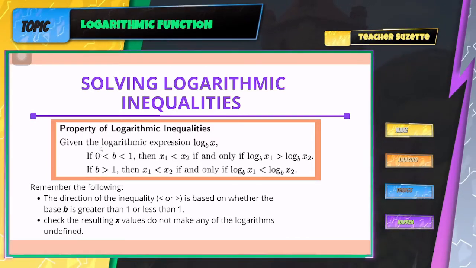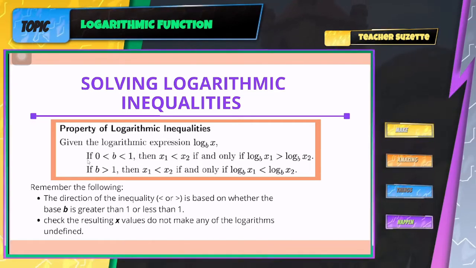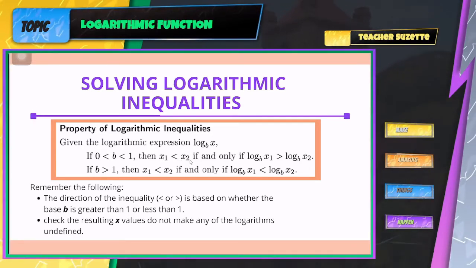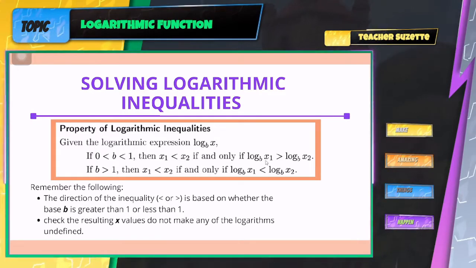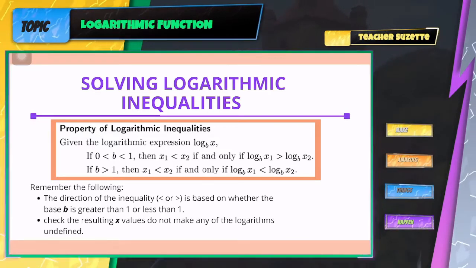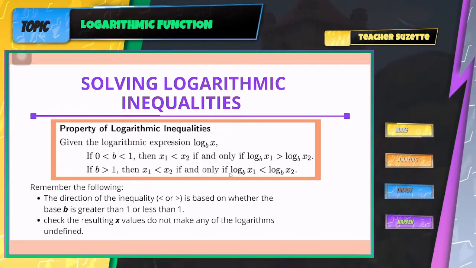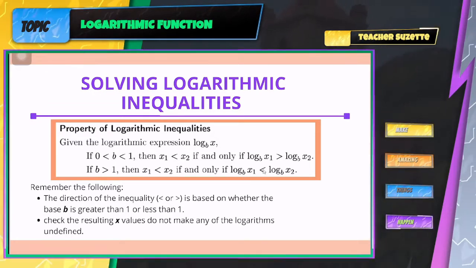Given the logarithmic expression, logarithm of x base b, if our base is between 0 and 1, then x sub 1 is less than x sub 2 if and only if logarithm of x sub 1 base b is greater than the logarithm of x sub 2 base b. Next, if our base is greater than 1, then x sub 1 is less than x sub 2 if and only if logarithm of x sub 1 base b is less than the logarithm of x sub 2 base b.